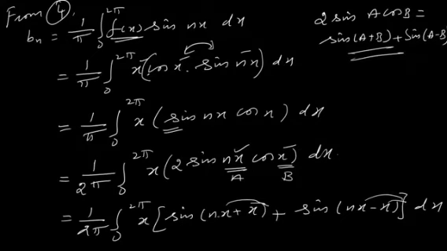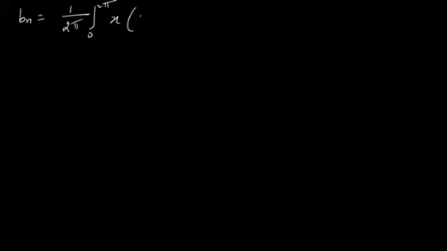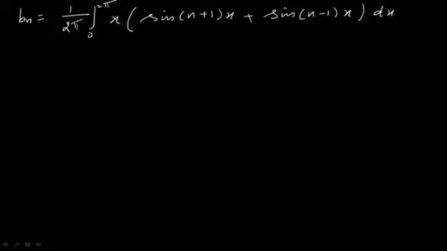So in your next step, here bn is equal to 1 by 2 pi integral 0 to 2 pi x product sine of, if you take x outside, n plus 1 x, here you have n minus 1 x, am I right? So here you have x product sine of n plus 1 x plus sine n minus 1 x dx.